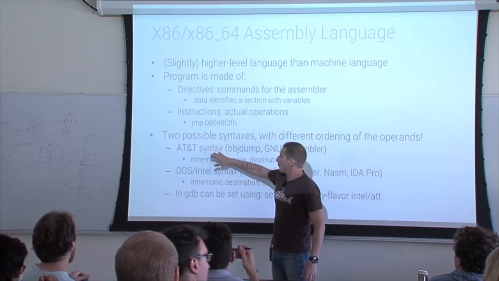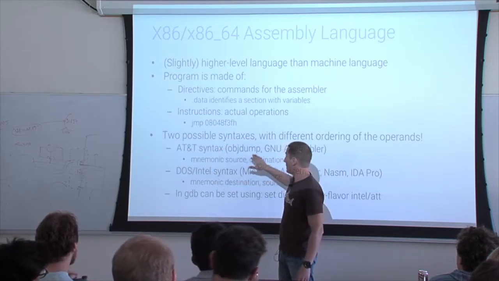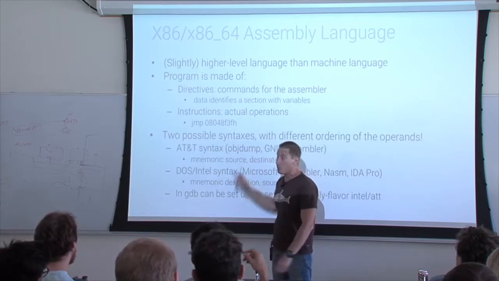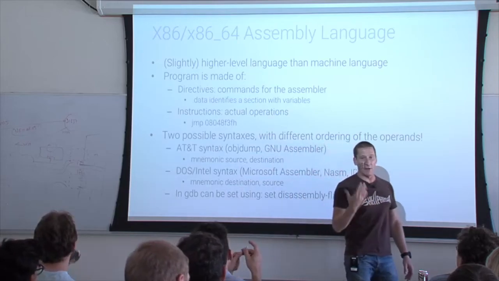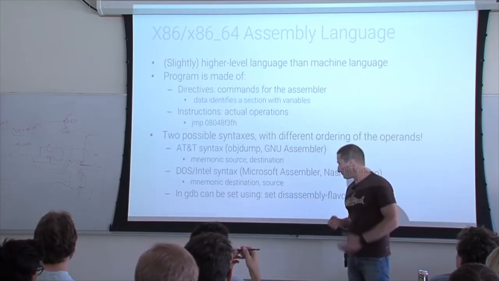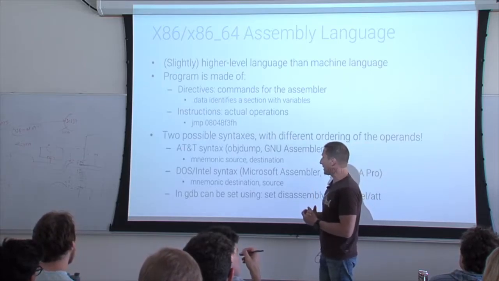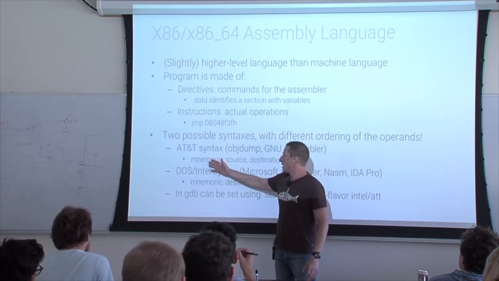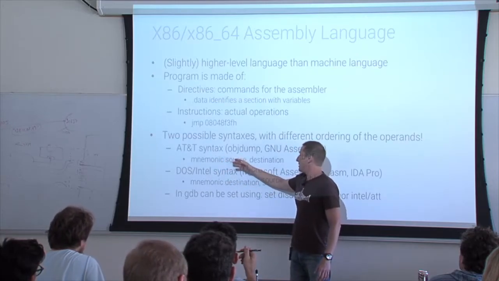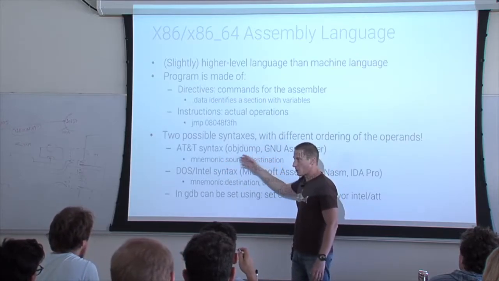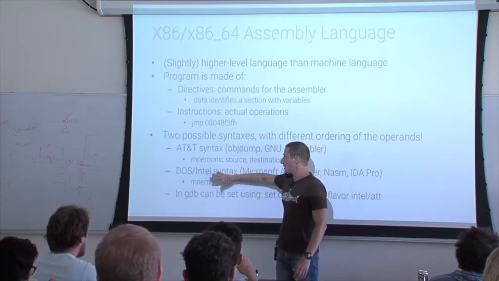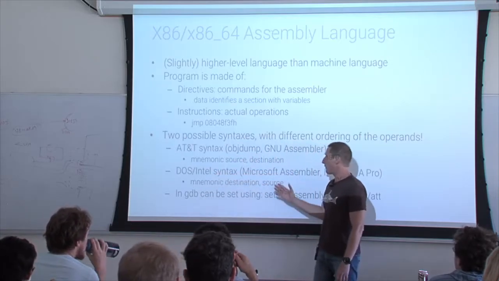For example, for me, I grew up, quote unquote, with objdump. So every time I look at assembly, I always think about: add this to this and put it here, source and destination. Of course, Intel instead has everything opposite.